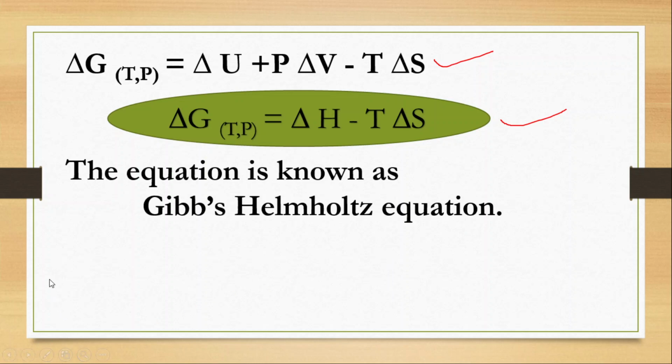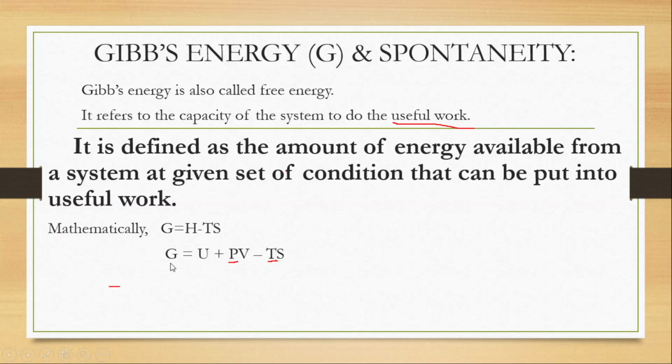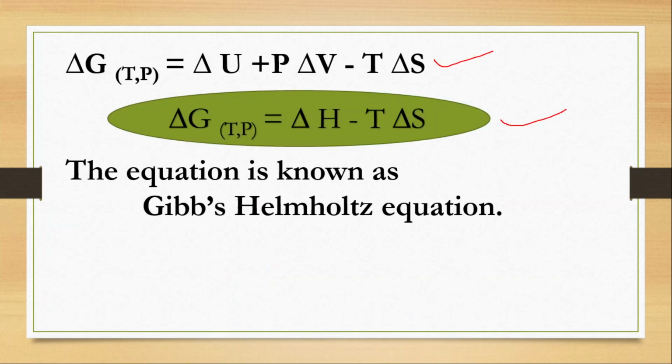The earlier equation, G equals H minus TS, can be named the Gibbs energy equation, and the next one, the delta G form, is called the Gibbs-Helmholtz equation. So remember this Gibbs-Helmholtz equation. How this delta G is related to spontaneity, we are going to study in our next class.